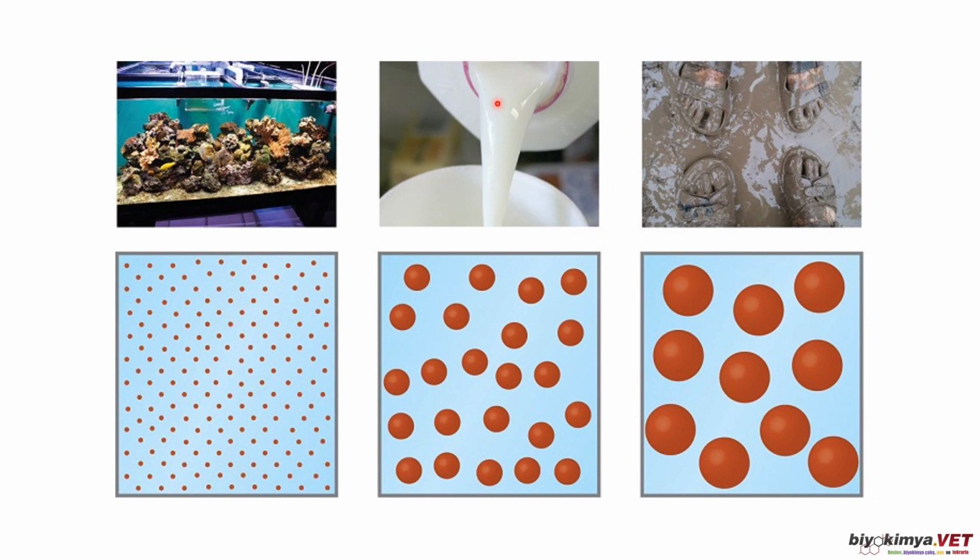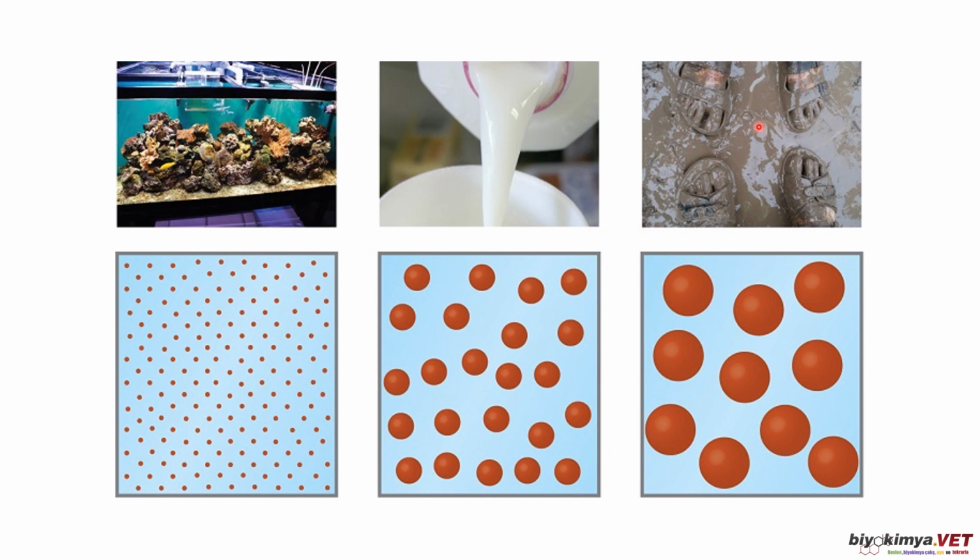And here milk, a colloid, the particles are much larger but remain dispersed and do not settle. And the corresponding particle diagram shows about 25 medium-sized spheres, and look at the distribution.